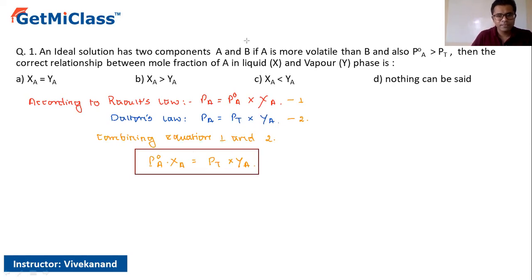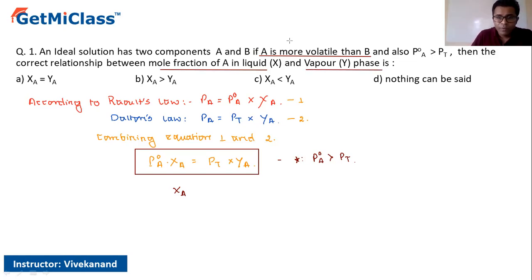Now, from this entire case, the hint they have already given is that P naught of A is greater than the total pressure of the solution. So we can say that chi A, for the component A, if A is more volatile than B, then the correct relationship between the mole fraction of A in the liquid and in the vapor phase is.